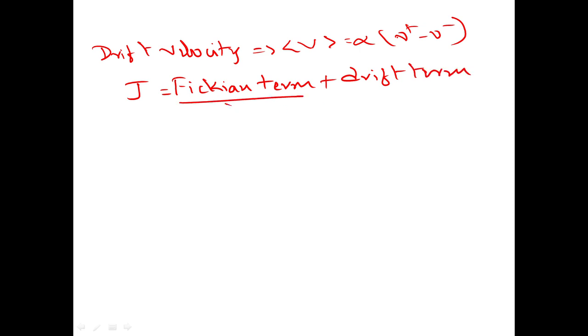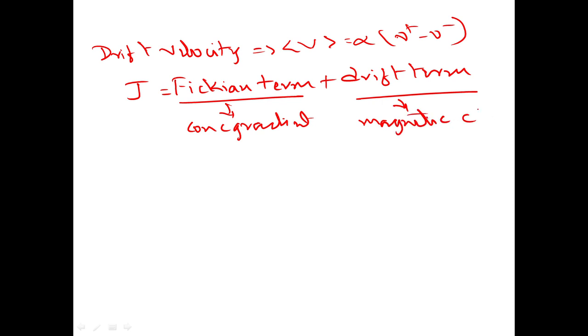The Fickian term comes from the concentration gradient, whereas the drift term comes from many other factors, such as if you apply a magnetic field across the diffusion couple, it may enhance the diffusion flux, or a lot of difference in the volume may cause a drift term.